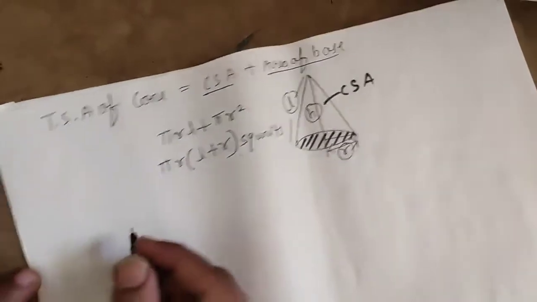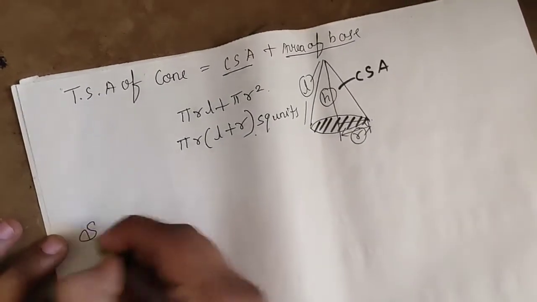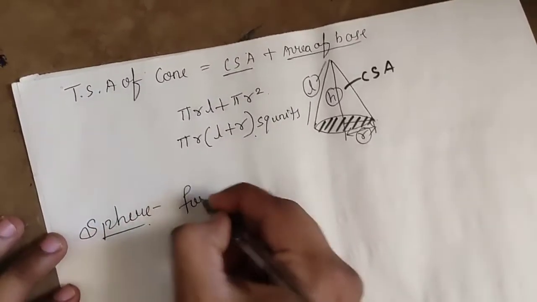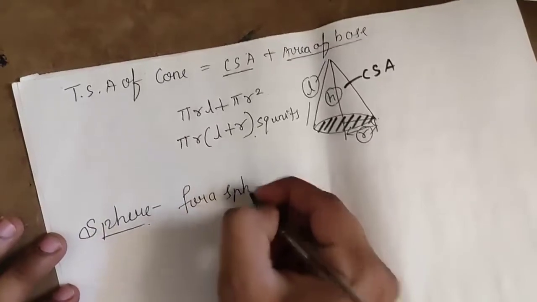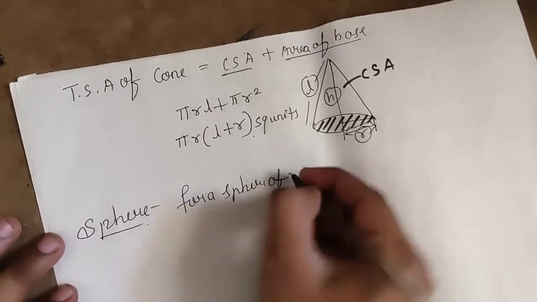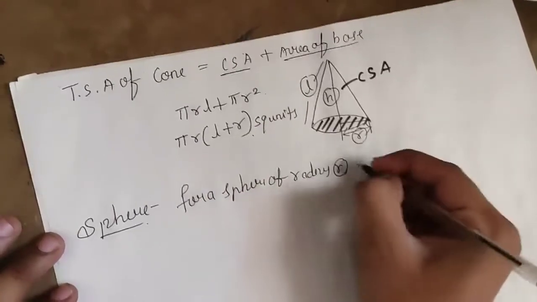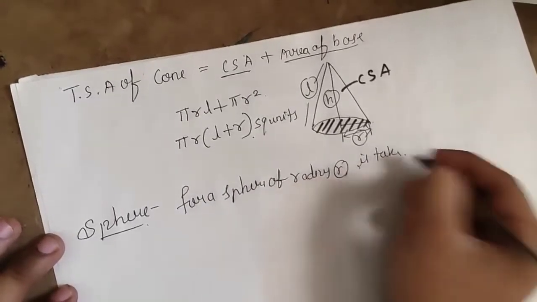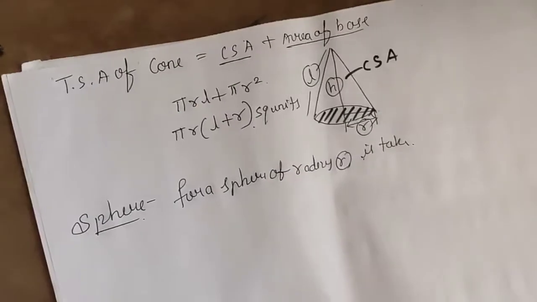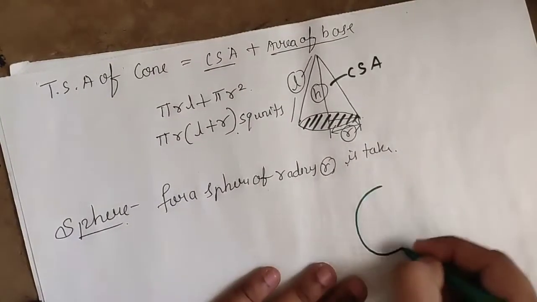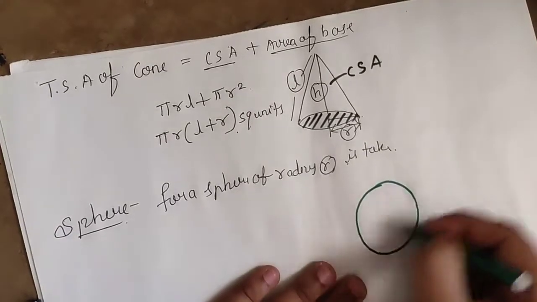Now let us jump to the sphere. For a sphere of radius r is taken. This is sphere.